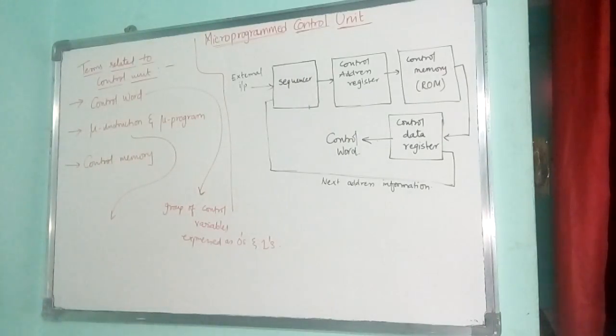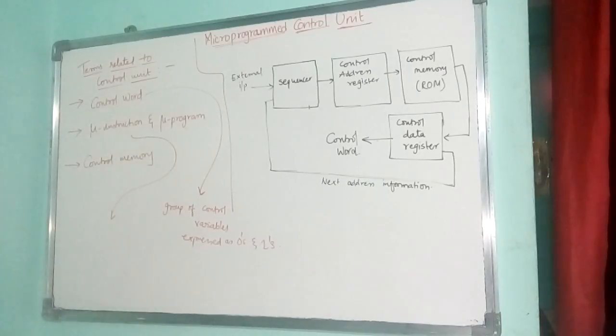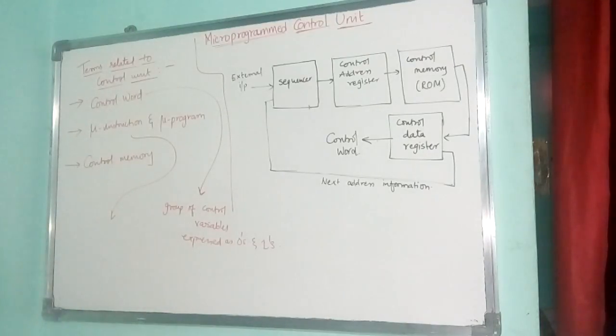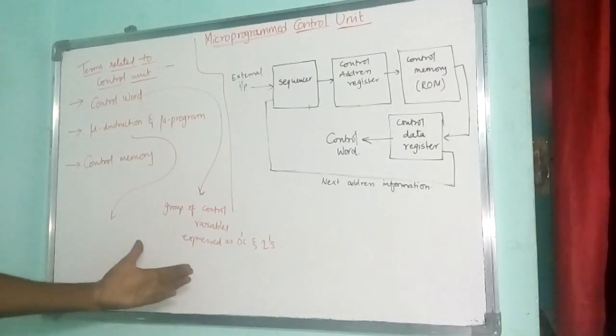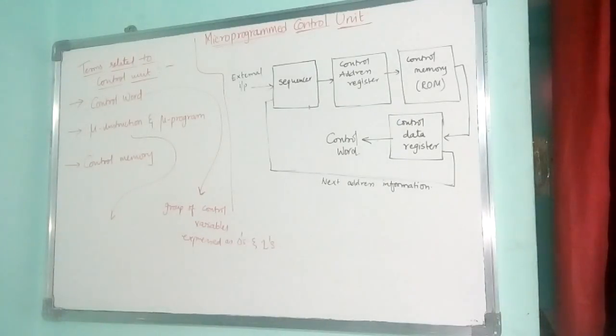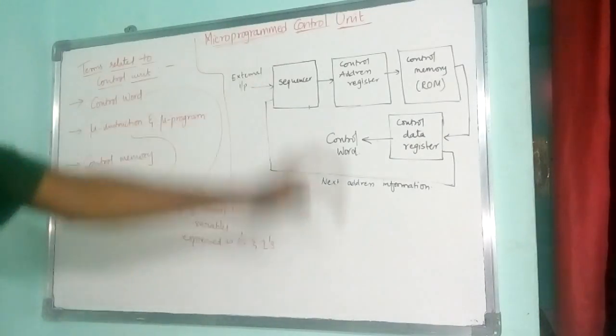Next is the micro instruction. These control words are mainly used for the execution of micro instructions. For microprogramming we need this control word register. Now I am talking about the control unit.